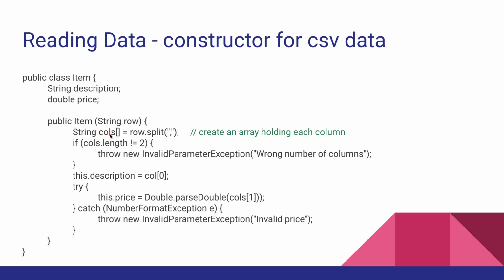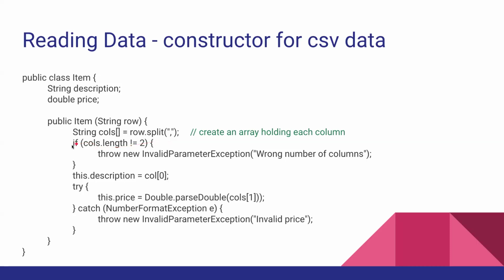We then get one or more strings in columns. This is an array, with the open bracket and close bracket. In this case there will be two columns because we expect a description and a price. The split method will discard the commas, so they won't be in our resulting data.